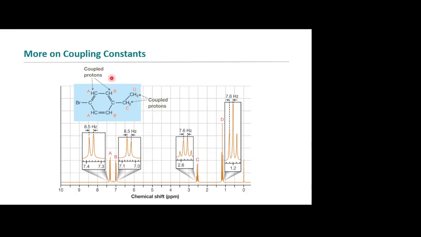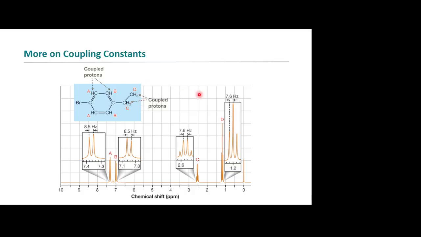So if you have these coupled protons here, what you're going to see is that the coupled protons are going to have shared coupling constants, because remember, they're coupled, and so it's that coupling of their spins that's causing this. So what one experiences, the other experiences from it. And over here we have another. We don't have to worry about these mixing with each other, by the way, because we have the extra carbon there, splitting it apart.